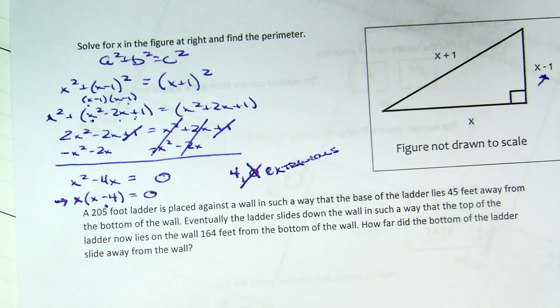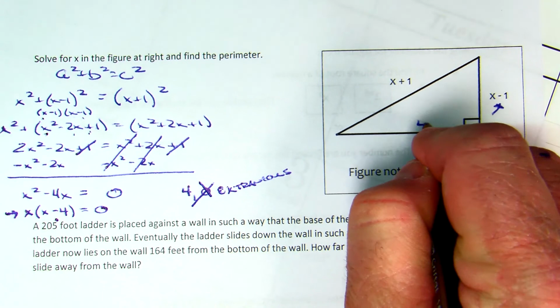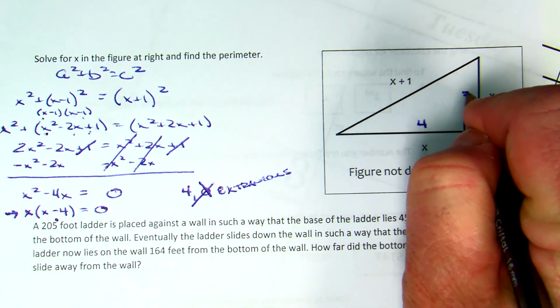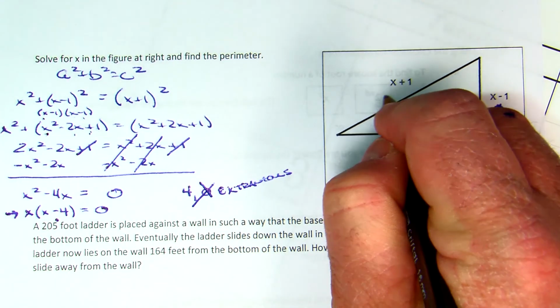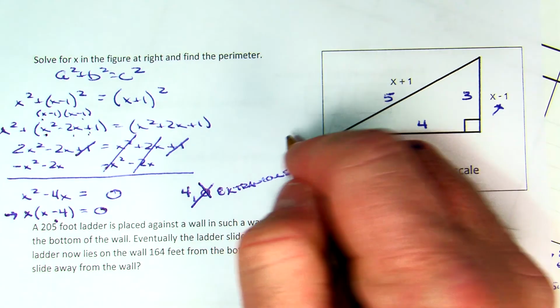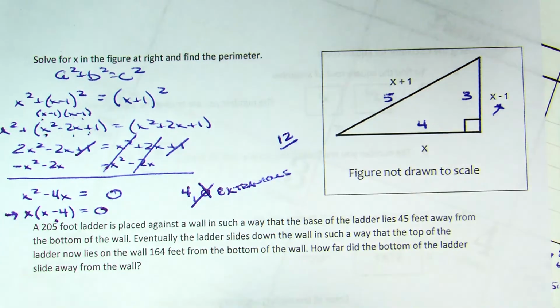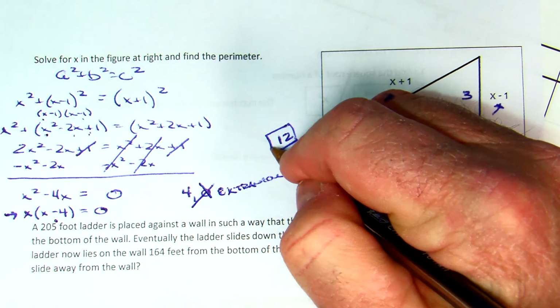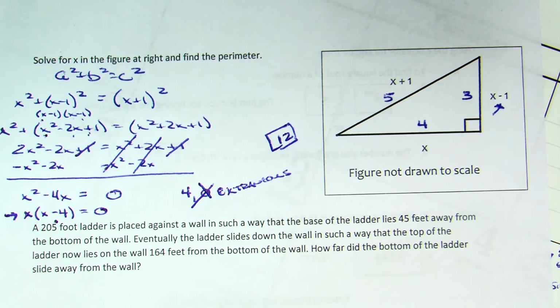Alright. Now when I plug in the 4, you get 4, 4 minus 1, which is 3, and 4 plus 1, which is 5. And to get the perimeter, I add them all up, and I get 12. For the perimeter. Units, whatever it is.